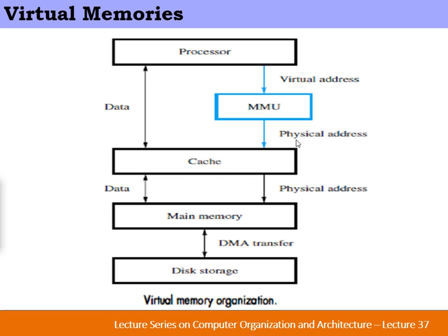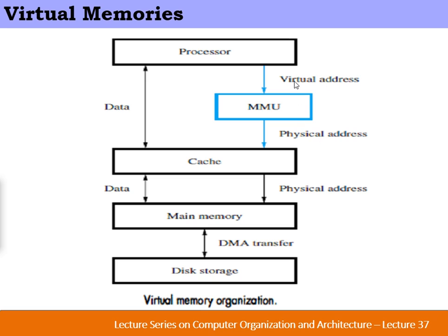Now, as we are discussing virtual memory, the processor will be generating an address. The address will be in the form of a binary one, depending upon the address lines. That address we call a virtual address or logical address. This virtual address needs to be converted to a physical address.